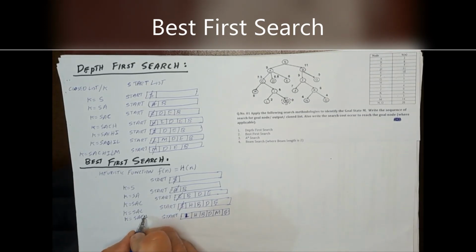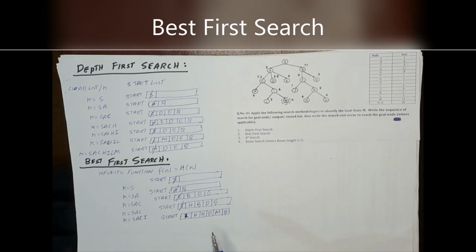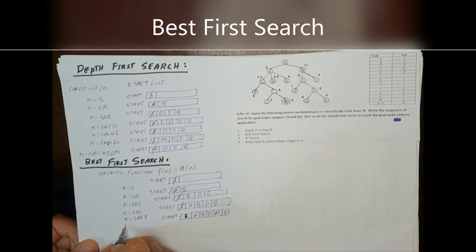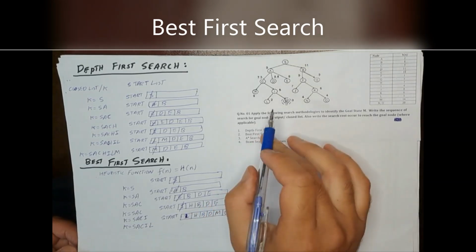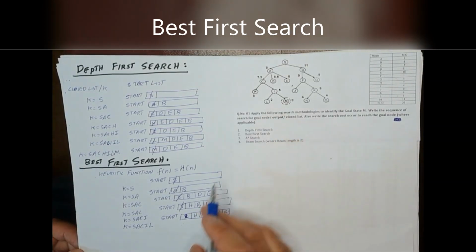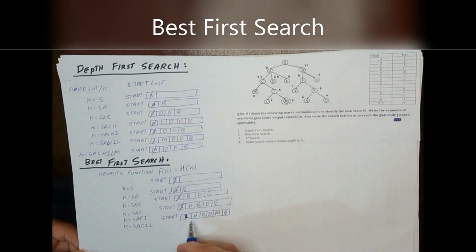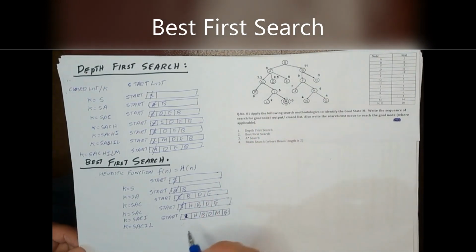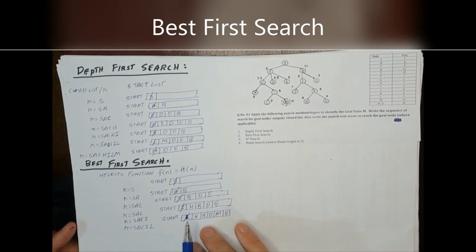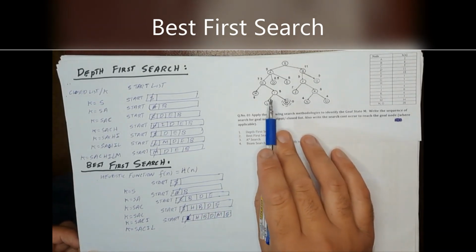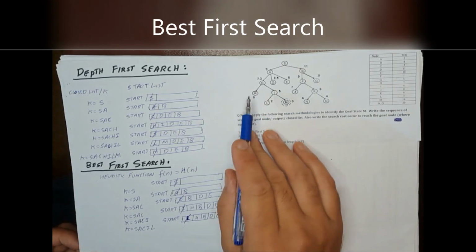Now during the next iteration, L will go here and we see if it has any child node. So K is equal to S, A, C, I and L. Does L have a child node? No. So we cannot add any successor of L. We can just remove L, and the next will be H in the next iteration. Does H have a successor? H also doesn't have a successor.